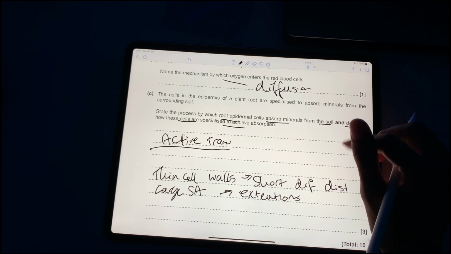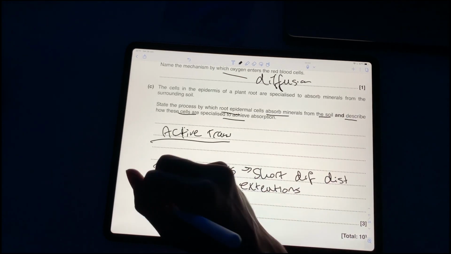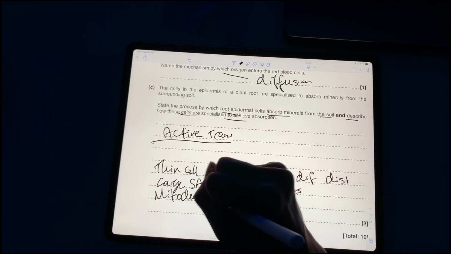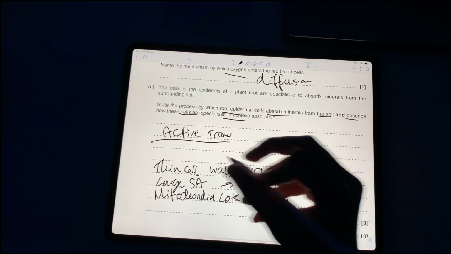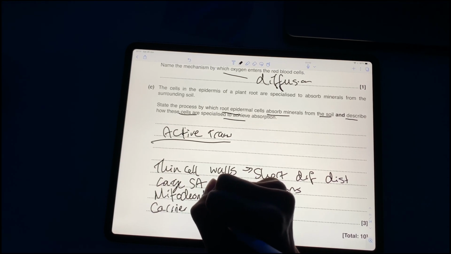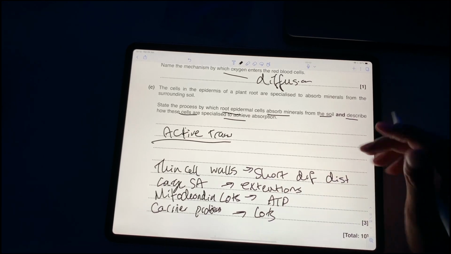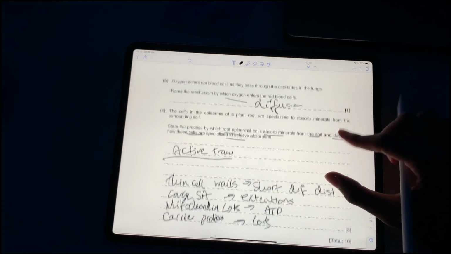What else is there? Oh, mitochondria, lots of mitochondria. Energy, ATP. What's the other? Carrier proteins. I don't know. Hopefully that gets me 2 marks. Please tell me that's the end finally.